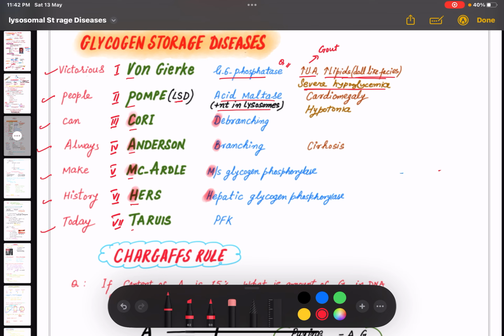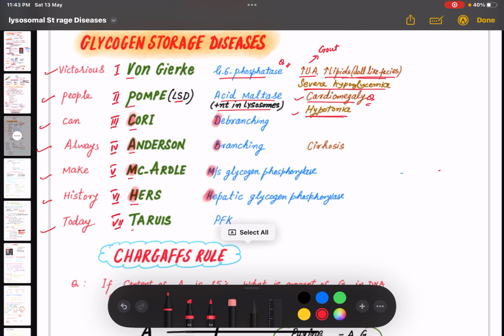In the exam you can get the image of a child who will be having cardiac problems like cardiomegaly, enlargement of the heart, and the tone of the muscles of the baby will decrease, so the patient will be having hypotonia. These are the points which can be given in the question. So remember these points, they will help you.